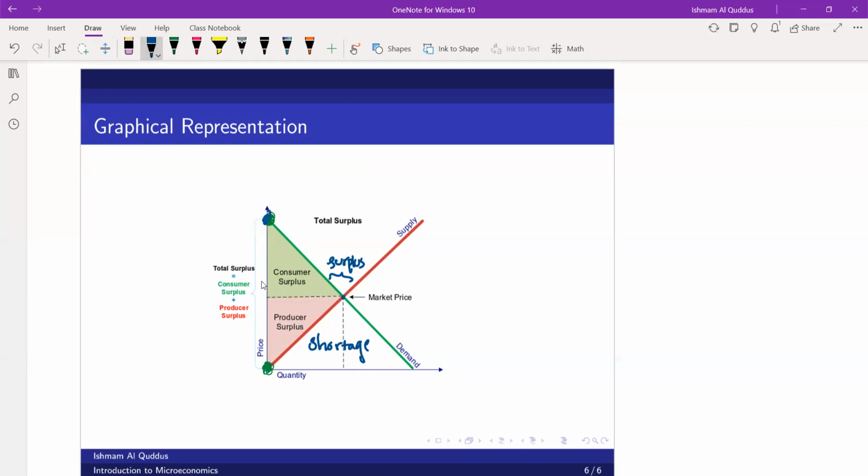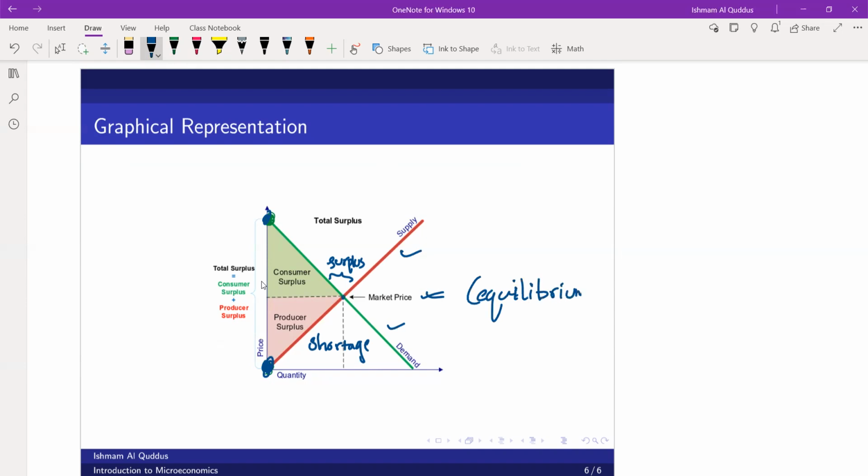These two extreme points denote where the market is functioning efficiently: you can attain the maximum possible consumer surplus in this market, and this point gives you the maximum producer surplus that you can attain in this market. When I say this market, I mean when this supply and demand curve is interacting here. So this is important to understand, that efficiency is attained at the market price, which is also the equilibrium price.